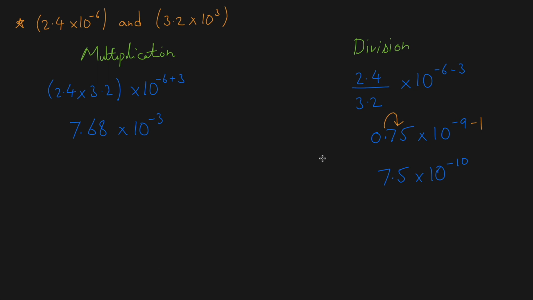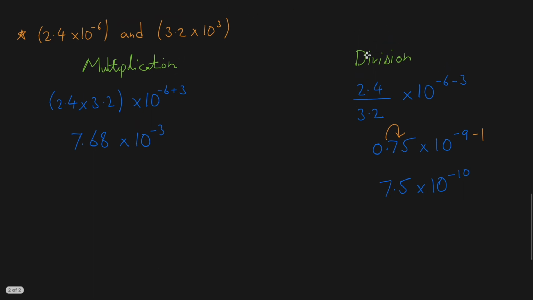It is simpler, in my opinion, than that of addition and subtraction, because there you have to be careful of checking whether the exponents are the same or not. And here you don't have to care about whether the exponents are the same or not. Just be careful when you are doing the division.